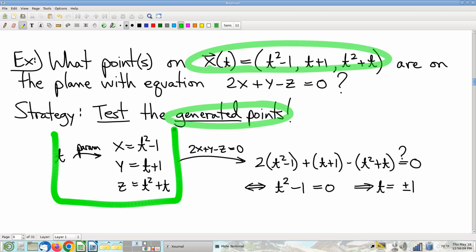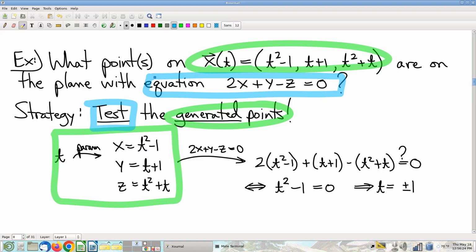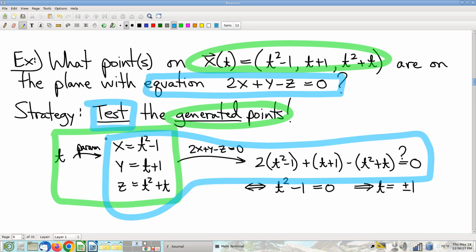Here's how I generate points: you plug into the parameterization any value of t, and out comes a point that's definitely on the curve. Then I'm going to test them by way of the equation, to see if they are also on the plane. If they are, then I've got points that were created to be on the curve, and they've tested to also be on the plane, and therefore they are on the intersection of the curve and the plane. Strategically, does that make sense? Everybody happy?